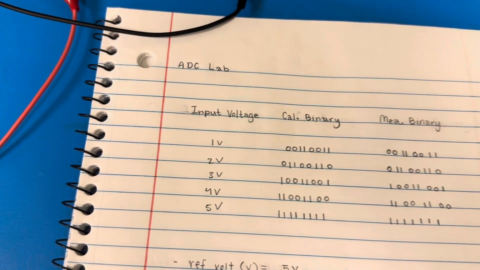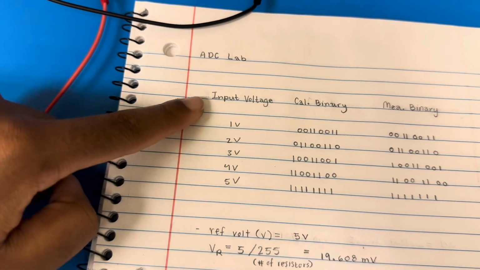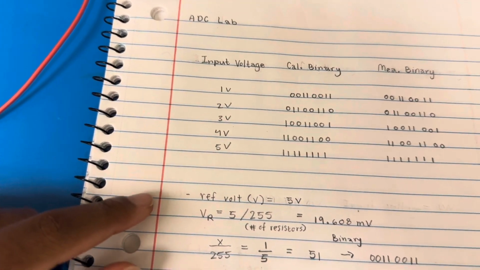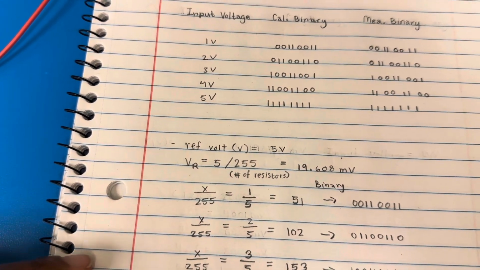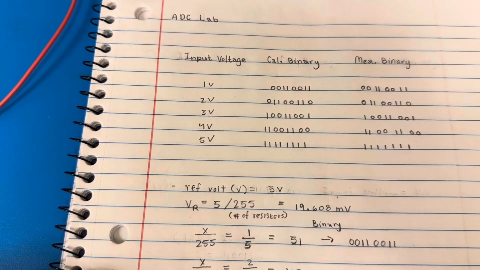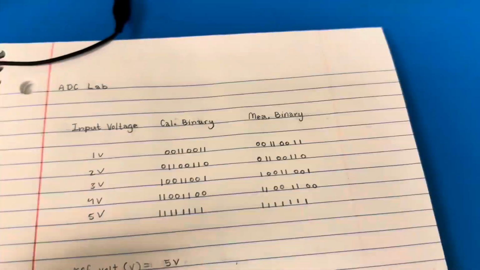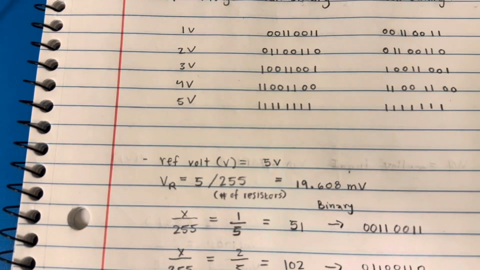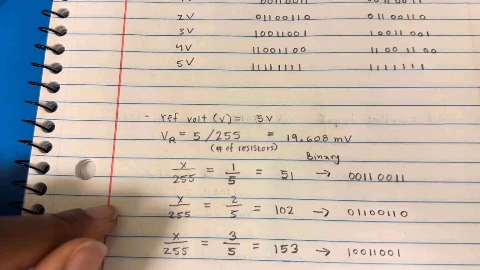Here is what we're going to be testing: 1 volt, 2 volts, 3 volts, 5 volts. And a 0804 ADC chip has about 255 resistors.